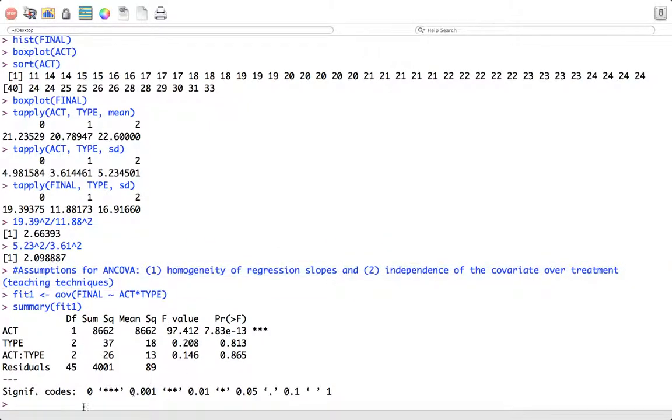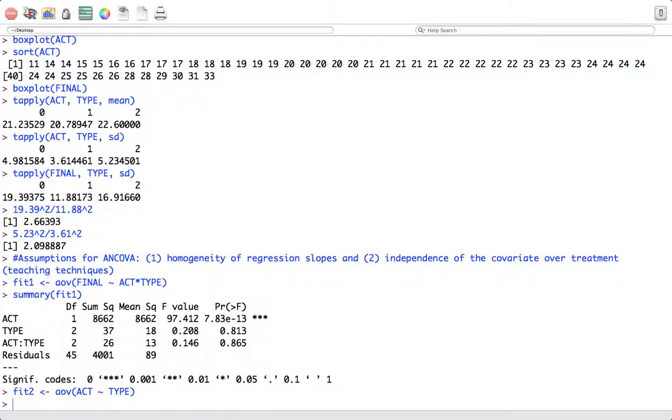The next thing we need to do is look at the independence of the covariate over the treatment. So here I'm just going to run a standard ANCOVA of my covariate over type.